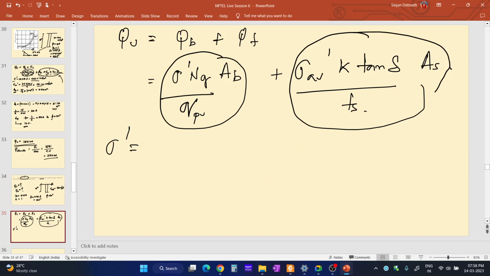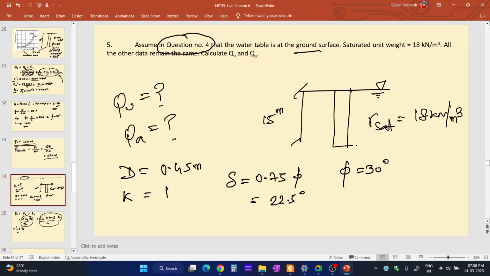So sigma dash is equal to submerged unit weight into 15. So how much is the submerged unit weight? How much is the saturated? It is 18. Sorry, it is actually 18.5.